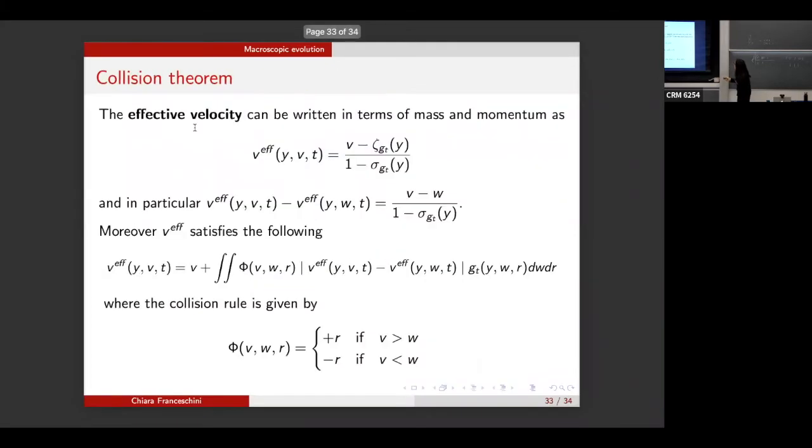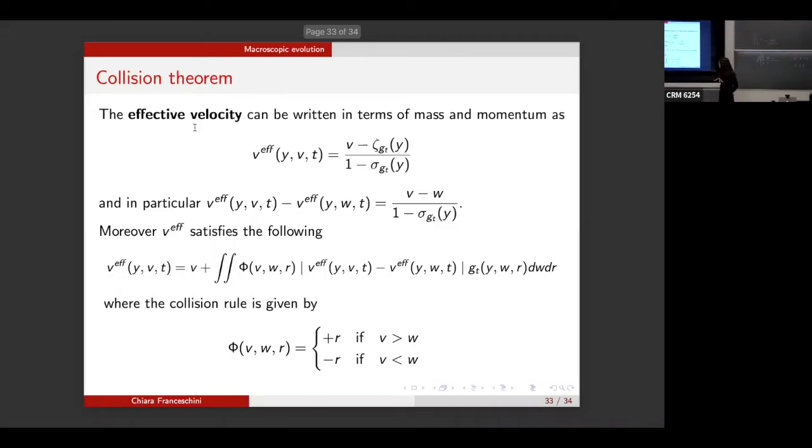So eventually you have this form of the effective velocity, and you see that if you subtract the effective velocity for V and W, you get this simple term, which you can plug into the definition of the effective velocity that I gave you when I showed you the Cauchy problem for the GT. And eventually you get that the effective velocity satisfies this implicit equation, implicit because you also have the effective velocity inside the integral.